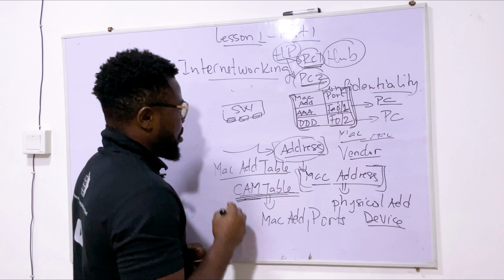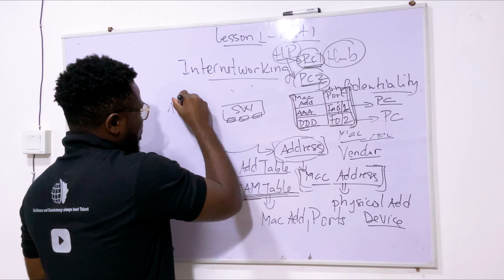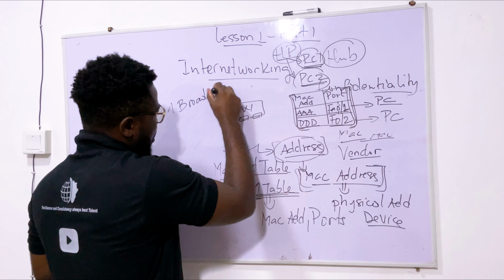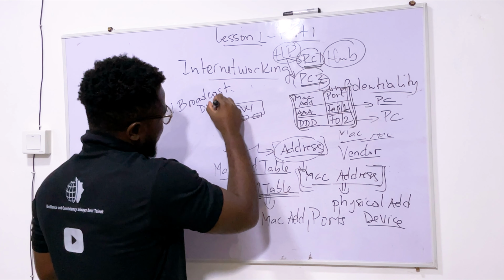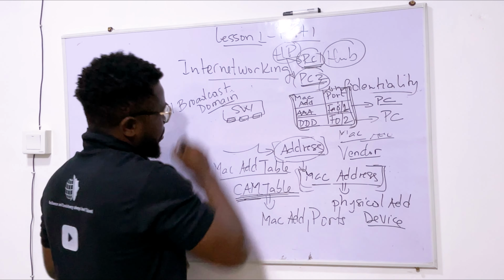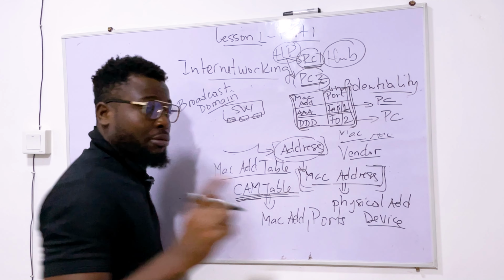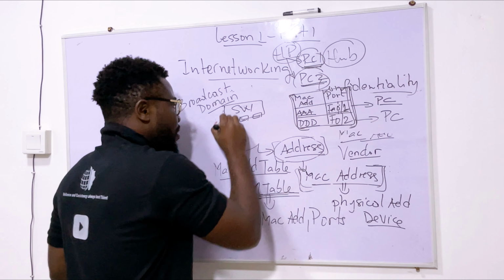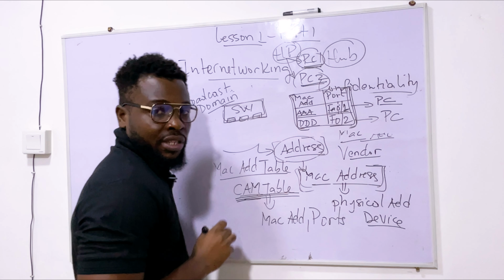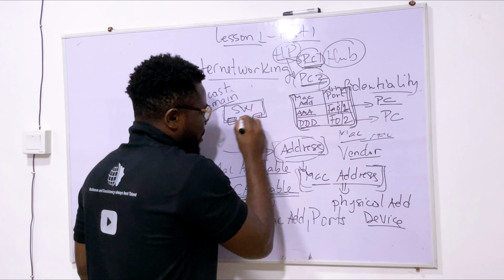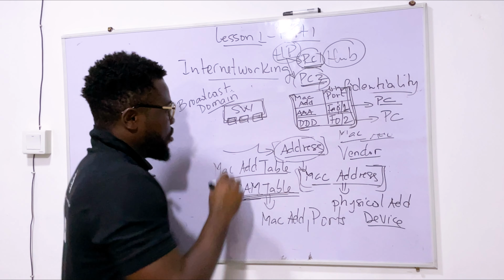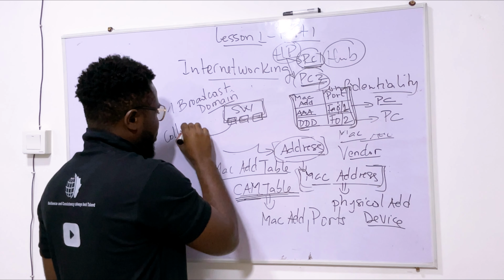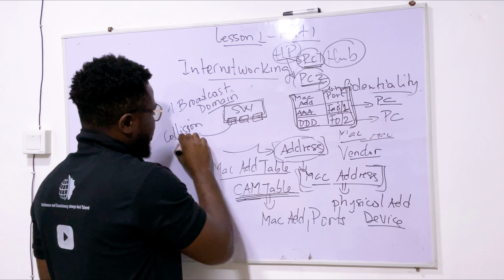With a switch, we have one broadcast domain. And then some of you may be asking, what about the collision domains? Here on the switch, each interface of the switch represents a collision domain.